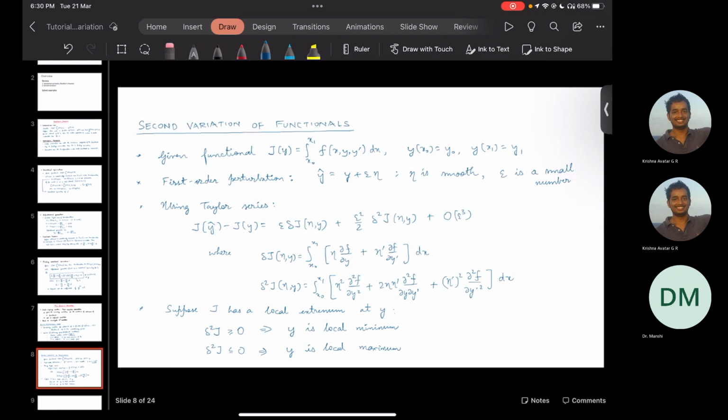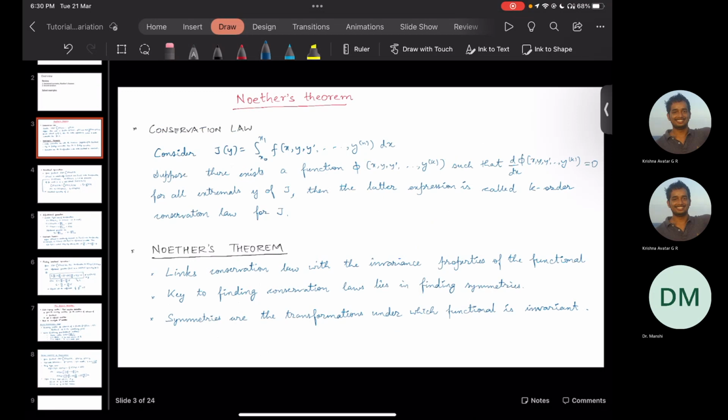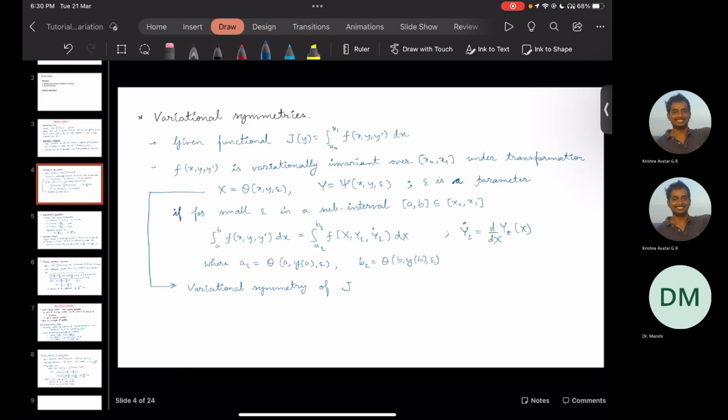So with this, we have essentially reviewed the important concepts that we had learned during week 8 of this course. We started with Noether's theorem, discussed conservation laws, and followed up with the need and necessity of Noether's theorem.